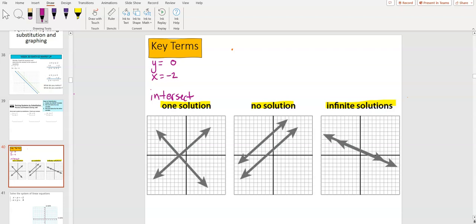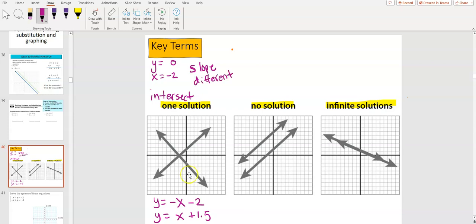Okay, if I'm looking at their equations, the equations of these lines, which are y equals -x minus 2 and y equals positive x plus 1.5, you might notice that the slope and the y-intercepts are different, okay? So when looking at the equations, your slope is different.